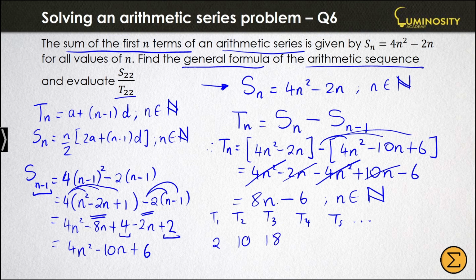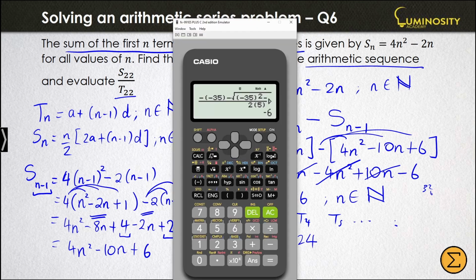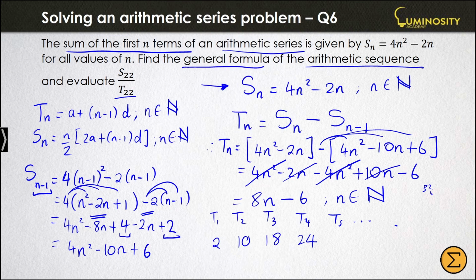If I put 4, that's 32. 32 minus 6, mental arithmetic, is 26. See how quick we can get caught out. It's the simple things.